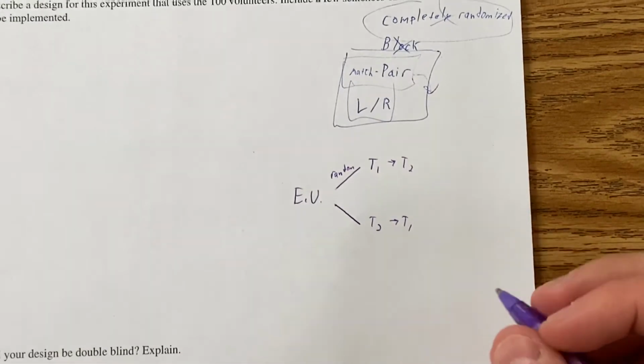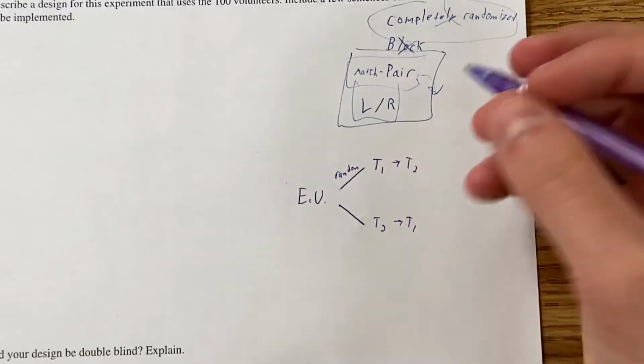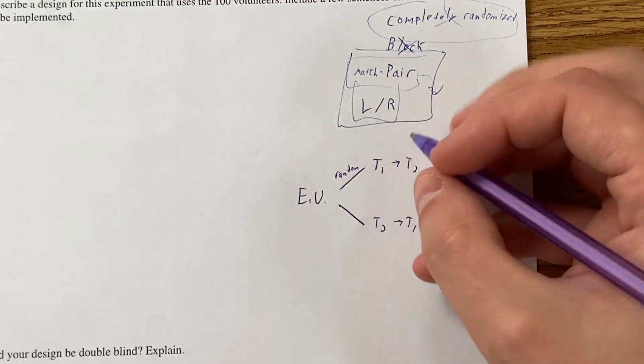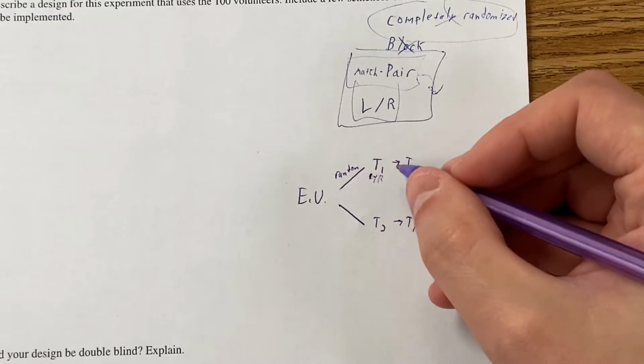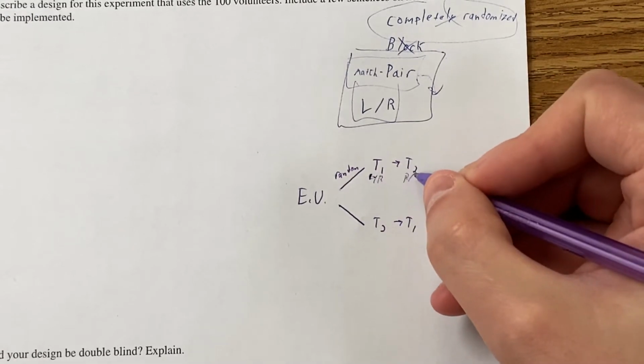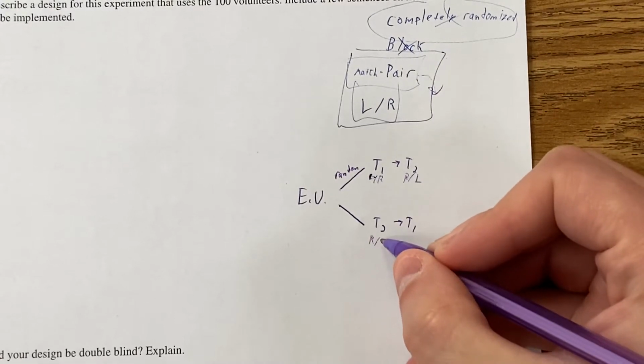In this case, it would just be both of them. If you wanted, you could change it from left foot, right foot, and right foot, left foot. And then these people would just be the right foot, left foot.